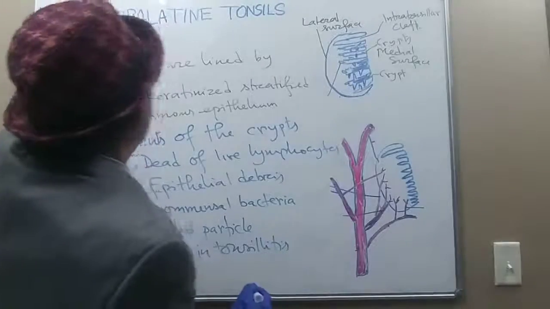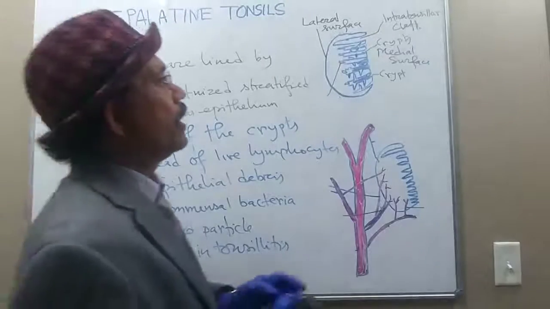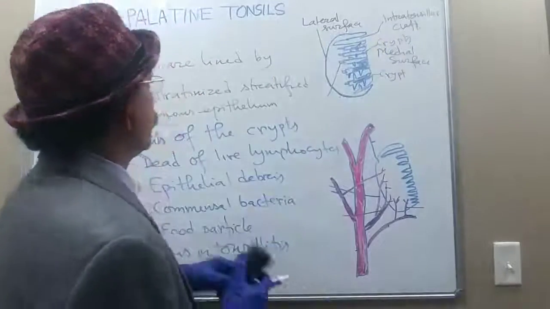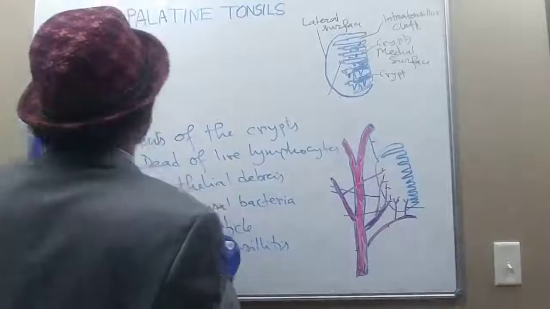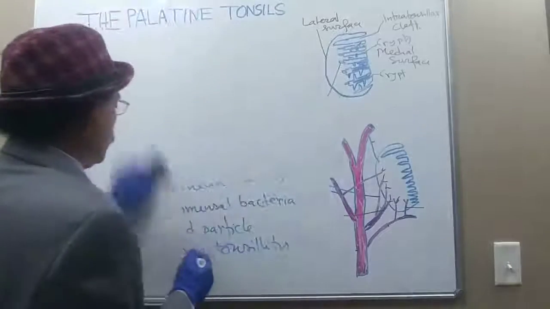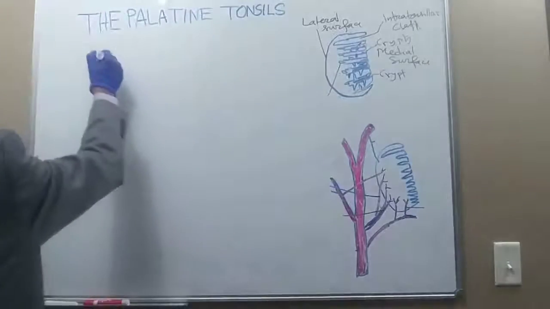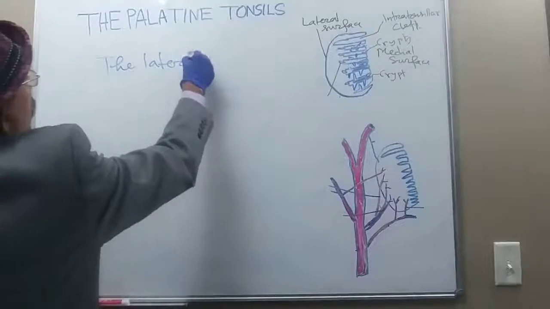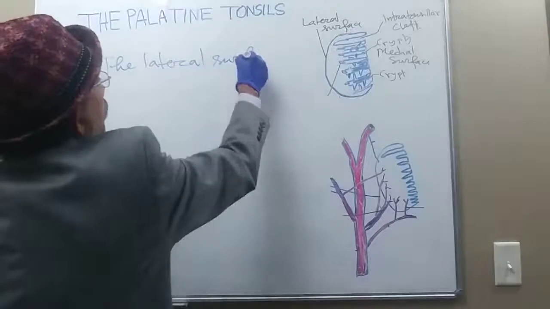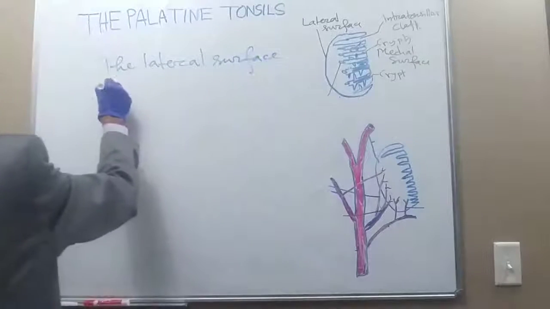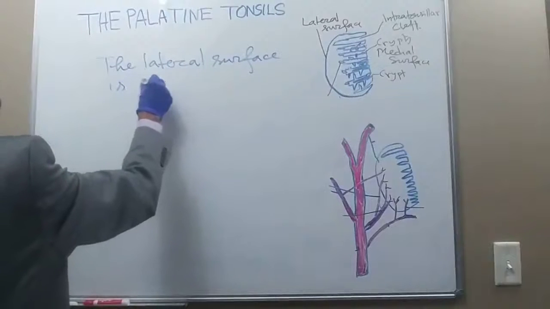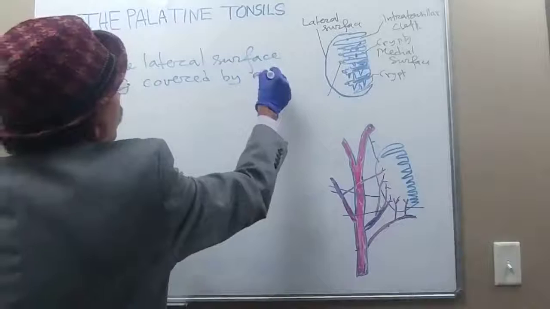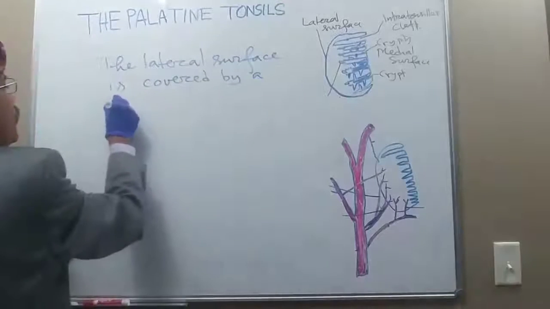Crypts are present on the medial surface of the tonsil. This is the lateral surface. The lateral surface is covered by a hemicapsule.